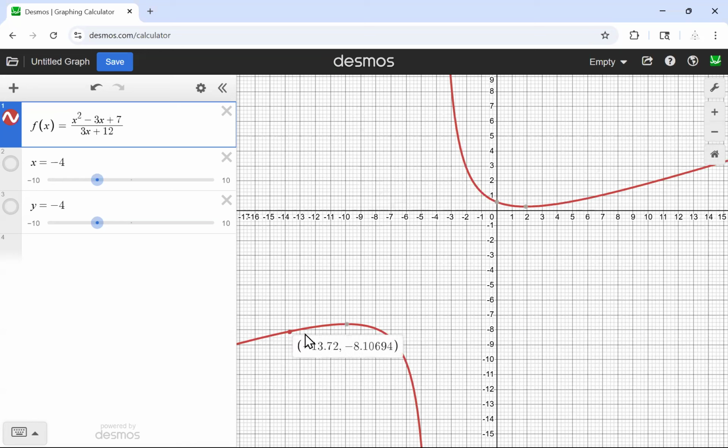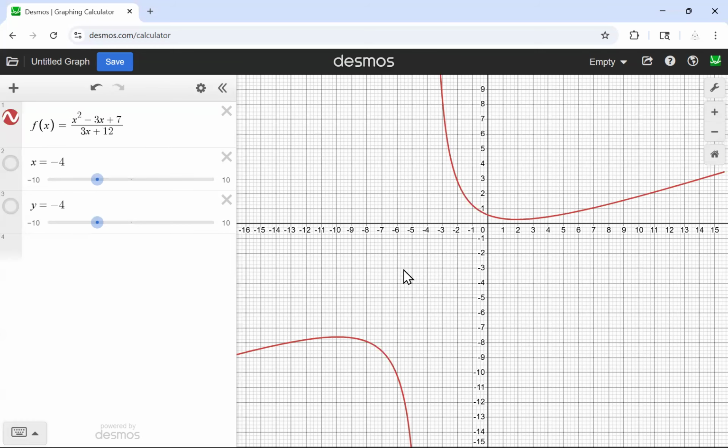As this part goes up, it never hits the x-axis, but then it goes back down. So we're never hitting the x-axis. So we have no x-intercepts, just like we computed.